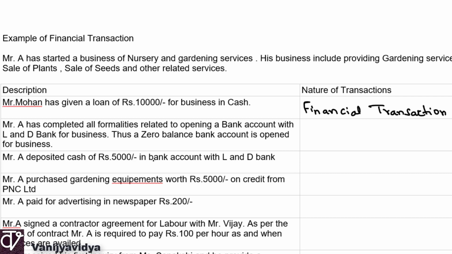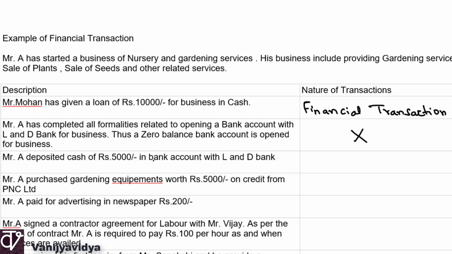Now, if you see this transaction, there is no obligation to give or take any money, any goods, or any assets, or any services. He has only opened a bank account, right? So this is not a financial transaction. It need not be recorded in the books of accounts.